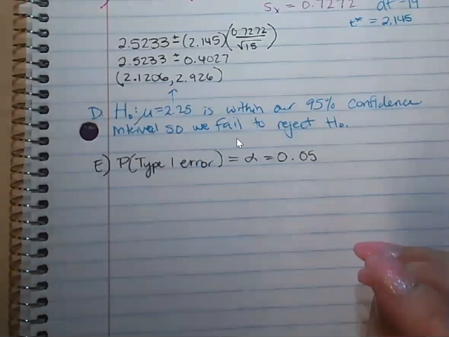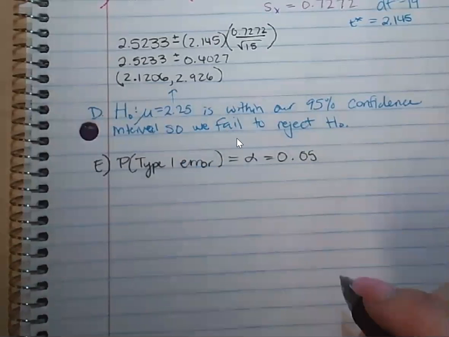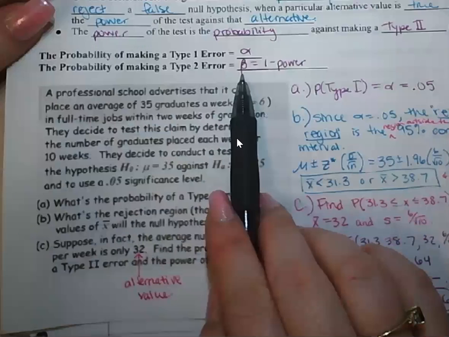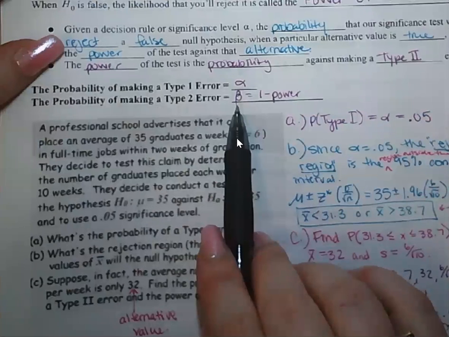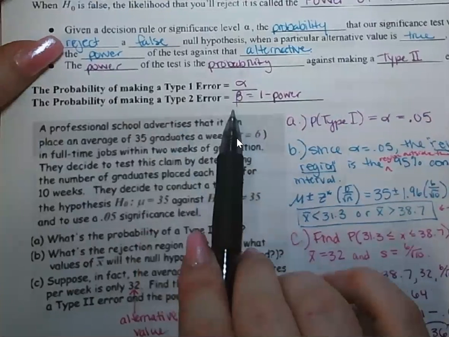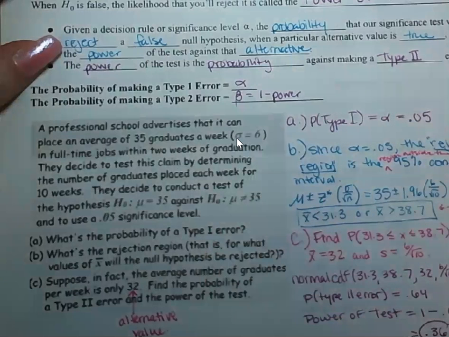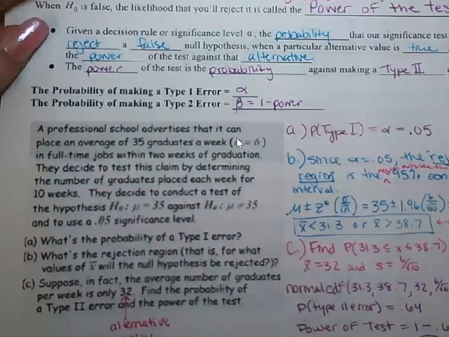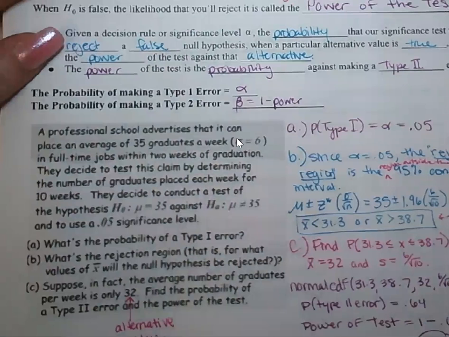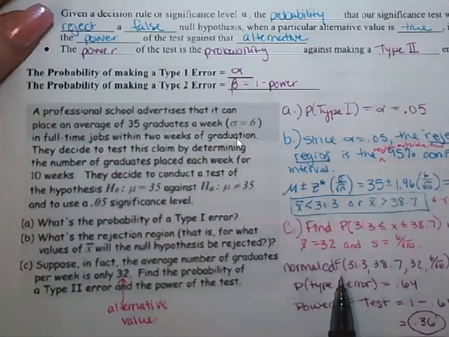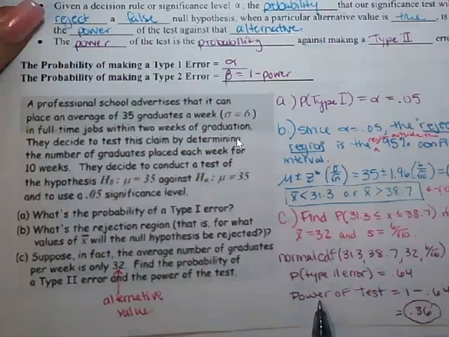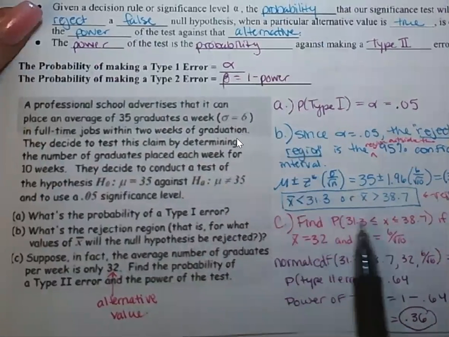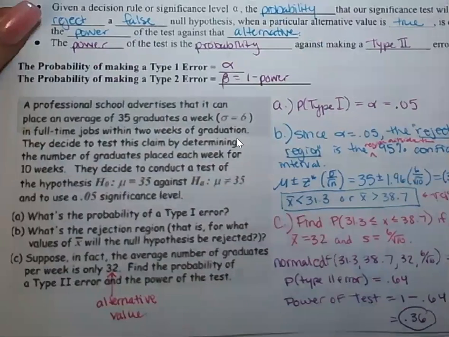Okay, part F, what is the probability of making a type 2 error? And what is the power of the test if the true mean is 2.5? So for that one again, back here, the probability of making a type 2 error is beta, which is 1 minus the power. And the power of the test is the probability of not making a type 2 error. So we had here our instructions for finding the power of a test. To do that, we have to find the rejection region and then calculate the probability that we end up in that rejection region.